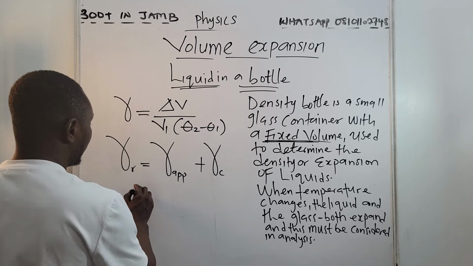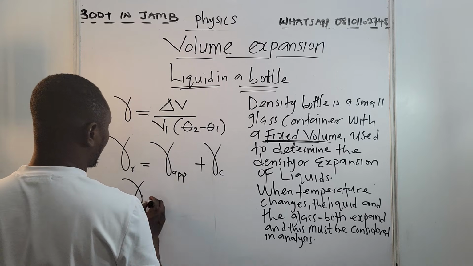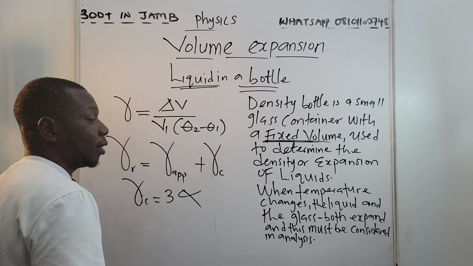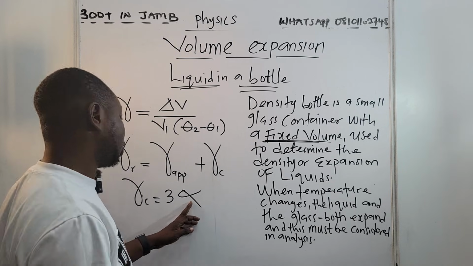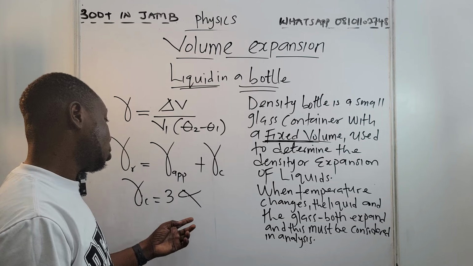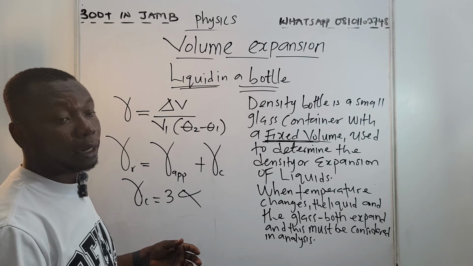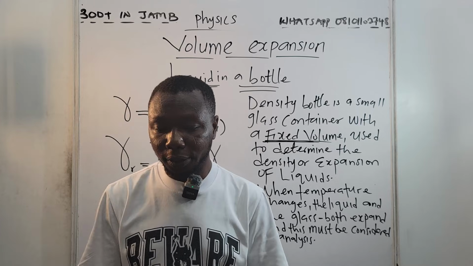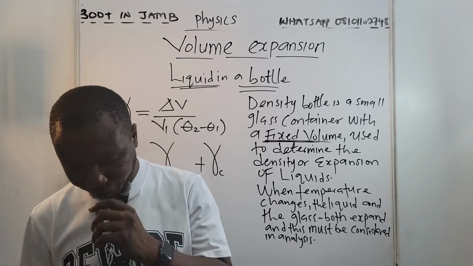And we know the cubic expansivity of the container is 3 alpha, because that will be the relationship. So if the container is made up of aluminum or copper, the linear expansivity of that material will be given.